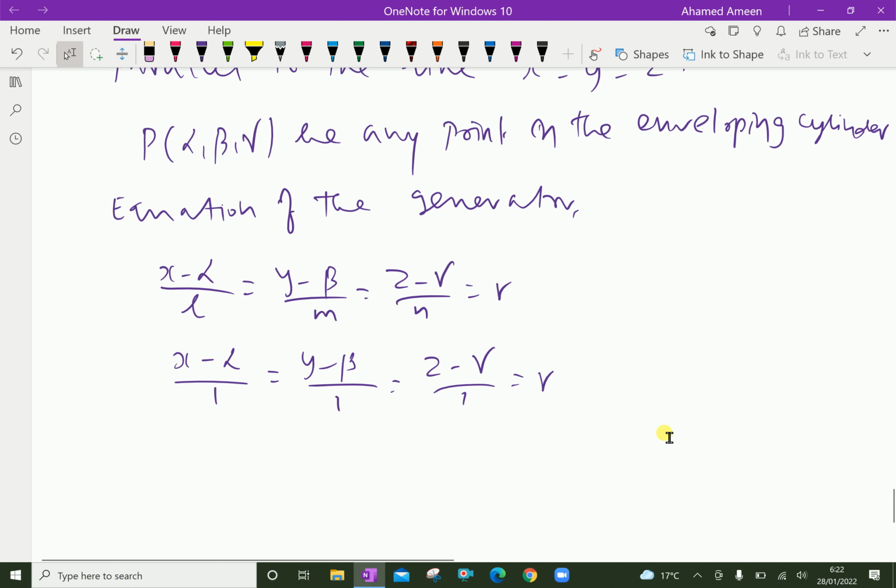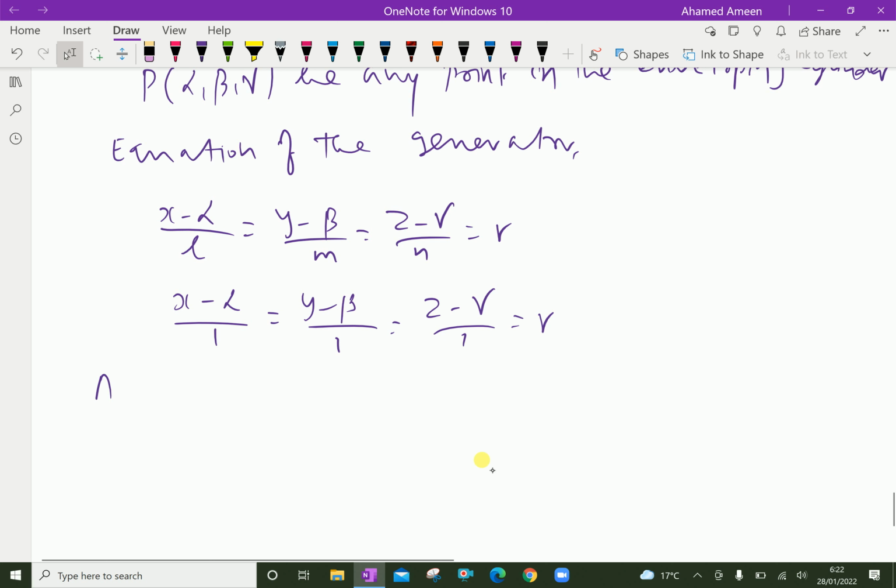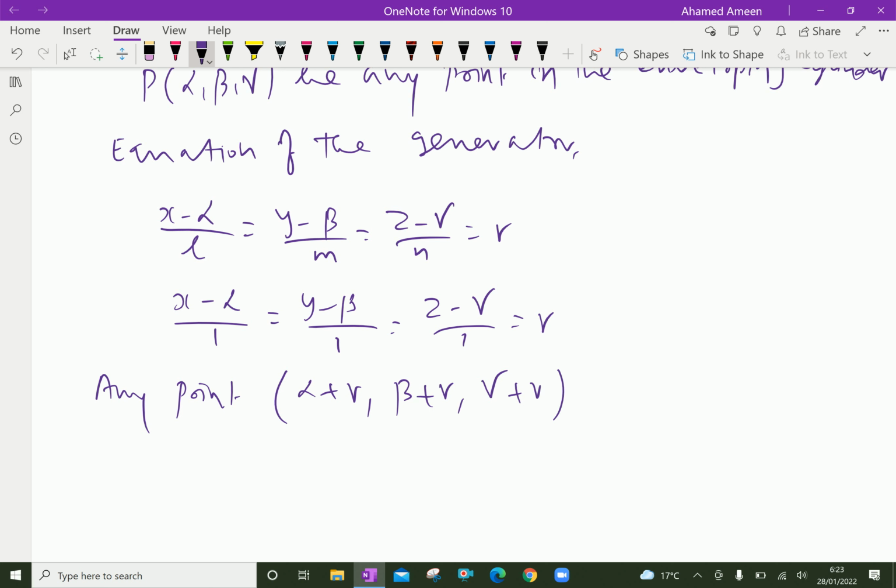Therefore any point on this generator is alpha plus r, beta plus r, gamma plus r, because each ratio is 1:1:1.